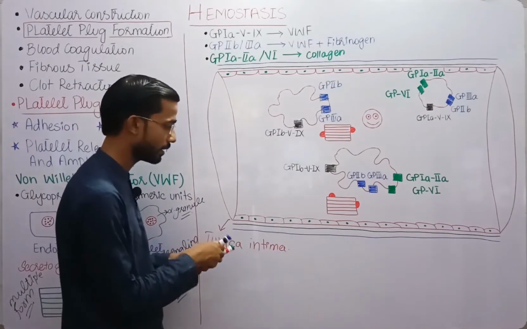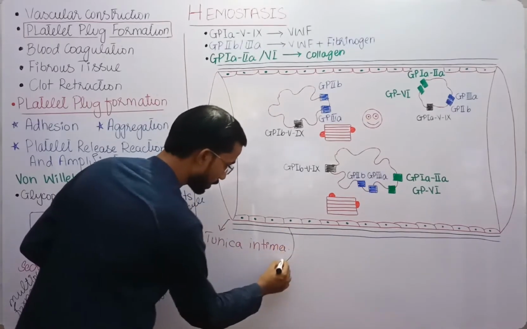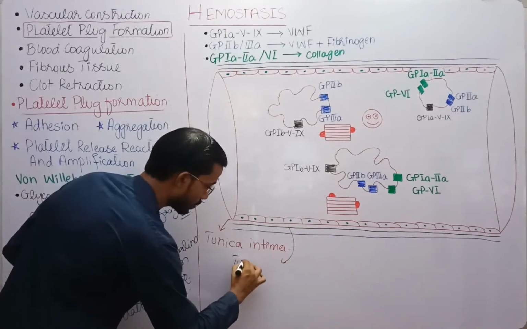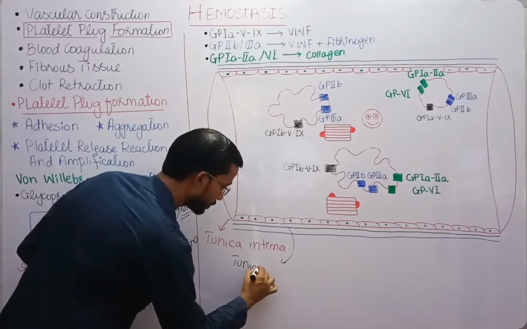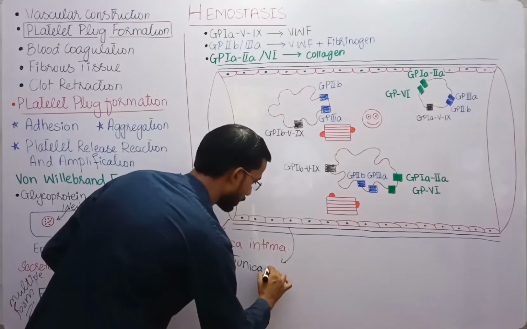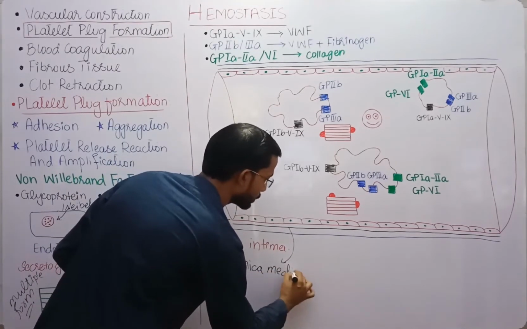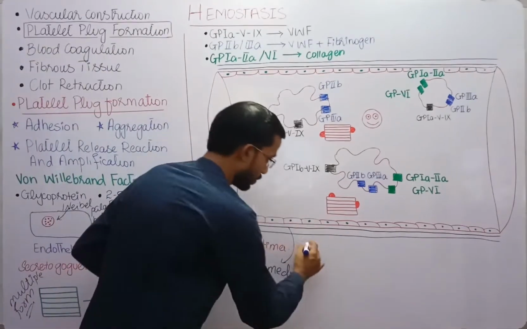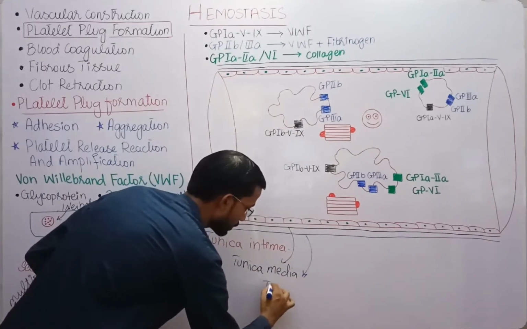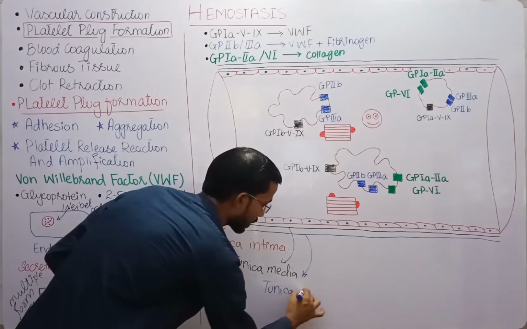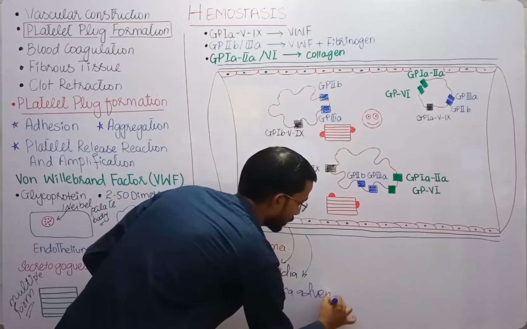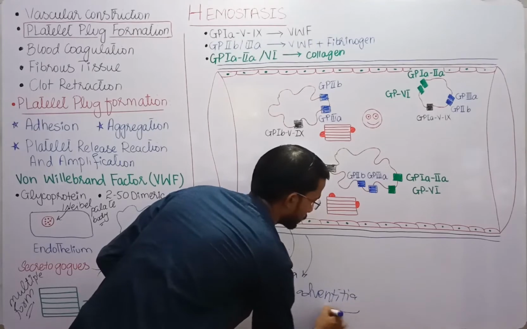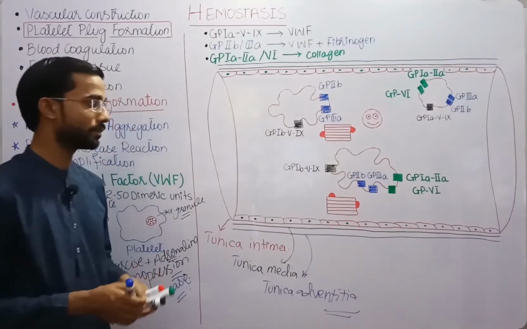Middle layer is the tunica media, and the last one is the tunica adventitia, right?